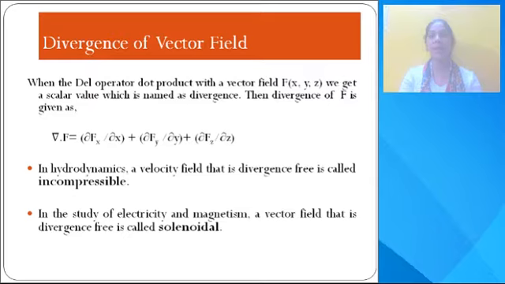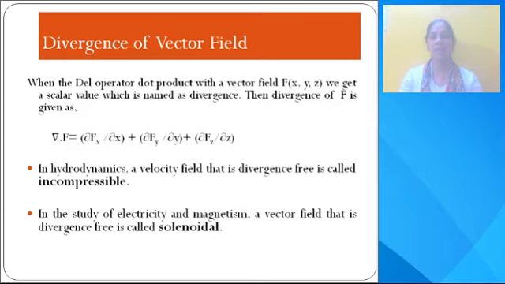That means when we operate del on a scalar, this gives us a vector, and when we operate del on a vector with the dot product, the final result is of course the divergence, and it is a scalar quantity, not a vector quantity.